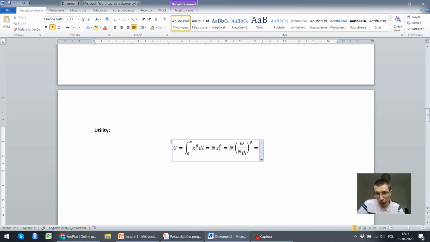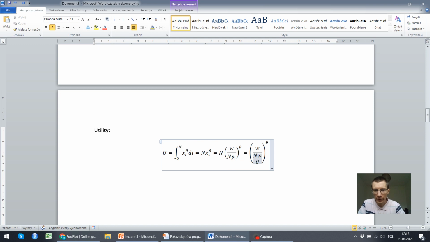And then we have that xi is w over n times p, which means that we can still simplify this equation. For p, we can put the price that we computed in the step above, which was w over theta, all right? As you perfectly see, the w's will cancel out in this equation.